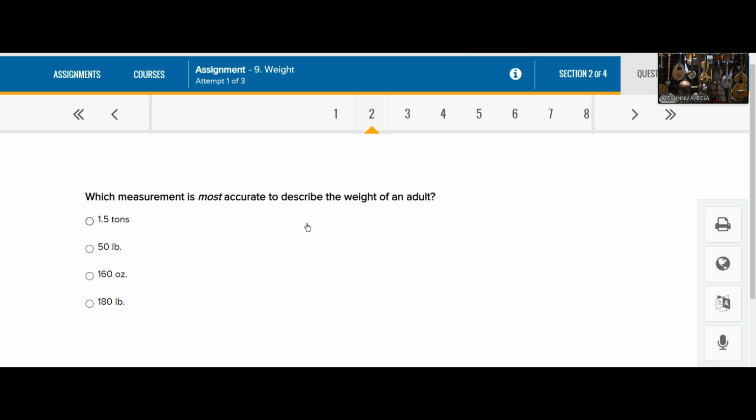Let's say an adult weighs 80 kilograms. Is that clear? Yes. So if an adult weighs 80 kilograms, what would that be in tons?